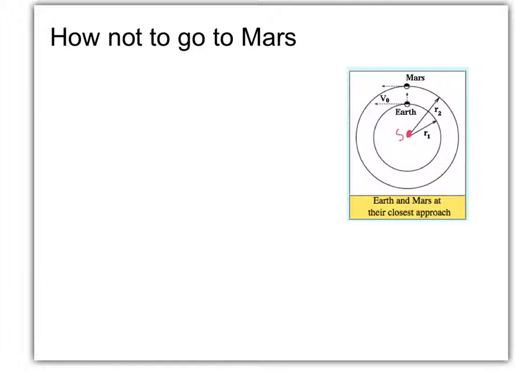So if we have the Sun here and the Earth there and Mars there, this is again known as opposition. Opposition is defined from the Earth as when the Sun and some planet are on opposite sides. That's why it's called opposition.